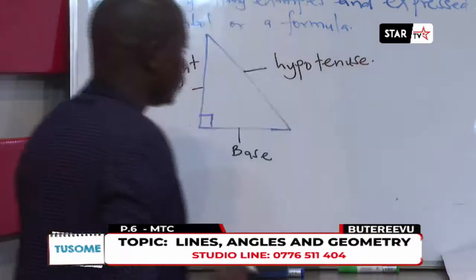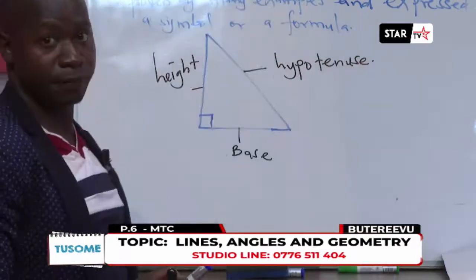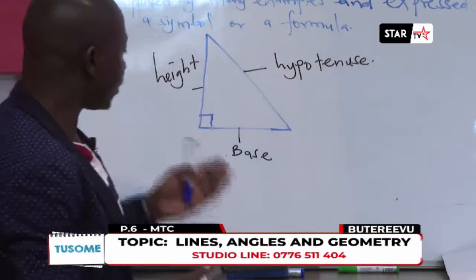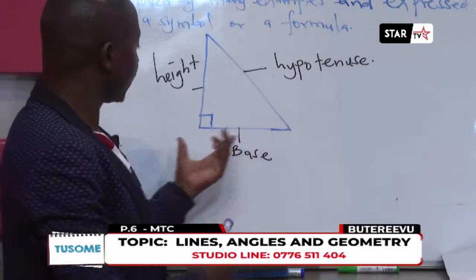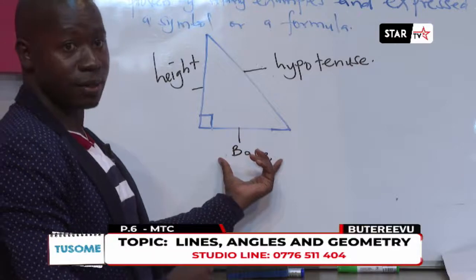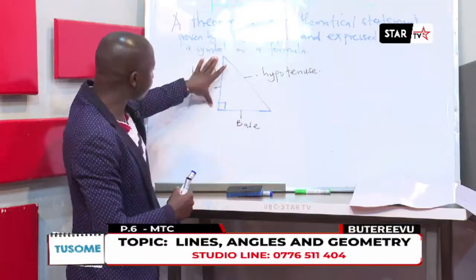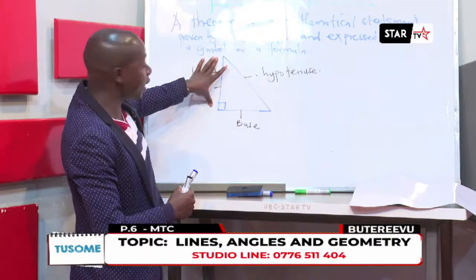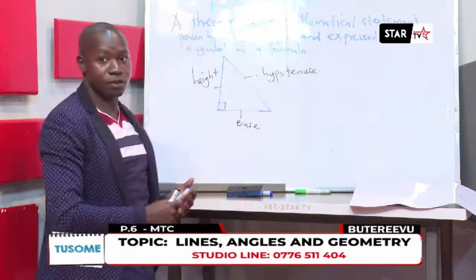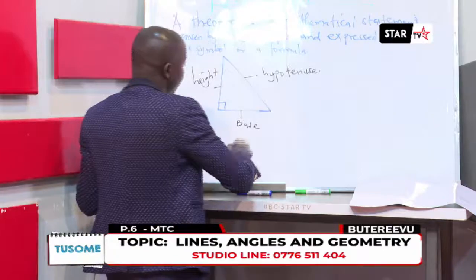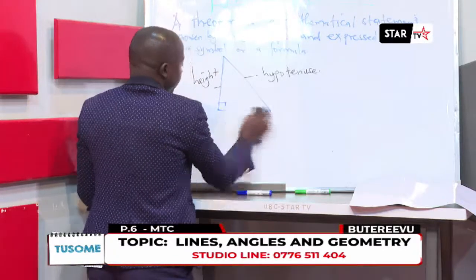Check the spelling. Hypotenuse. So after several experiments, it came out that the sum of the squares onto the base and the squares onto the height added is equal to the squares onto the hypotenuse. Remember, sum in mathematics means addition.